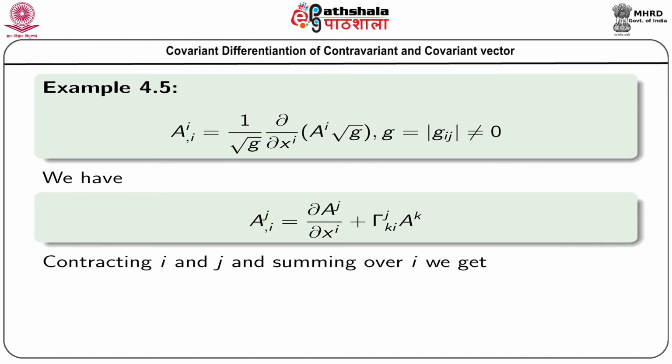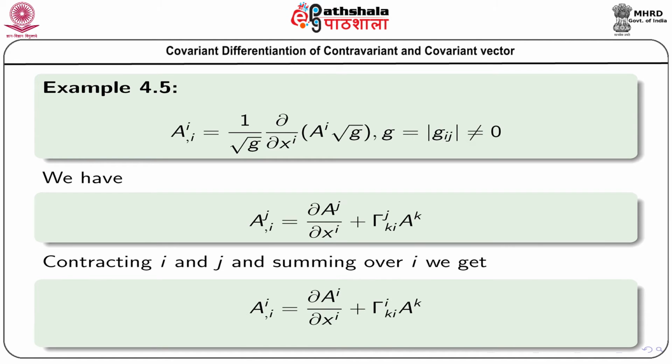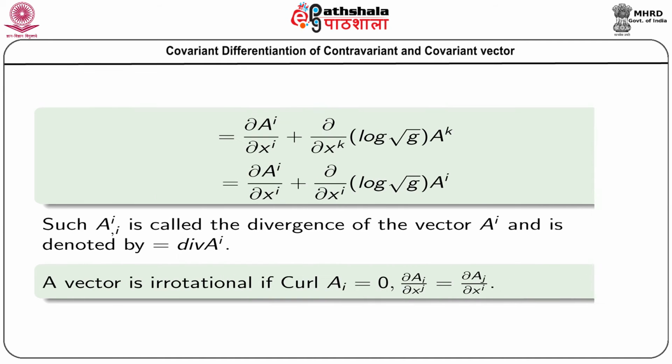Now, contracting j and i and summing over i, we get A^i_{,i} = ∂A^i/∂x^i + Γ^i_{ki} A^k. Which gives the expression ∂A^i/∂x^i + ∂/∂x^i (log √g) A^i, by using the property of Christoffel symbol.